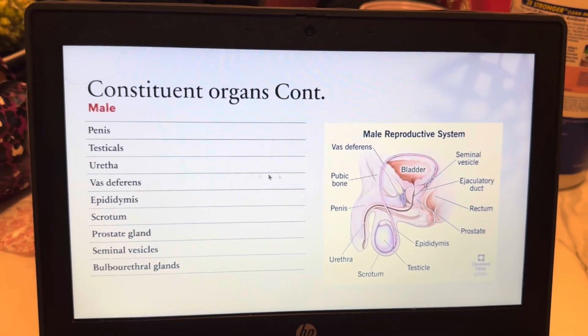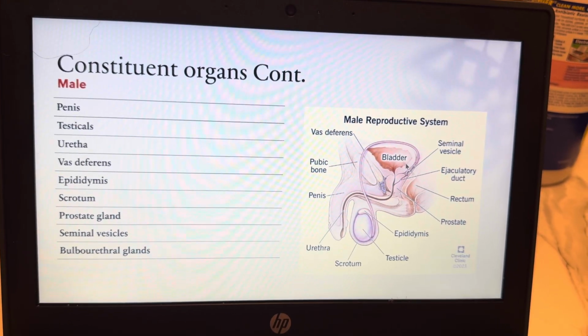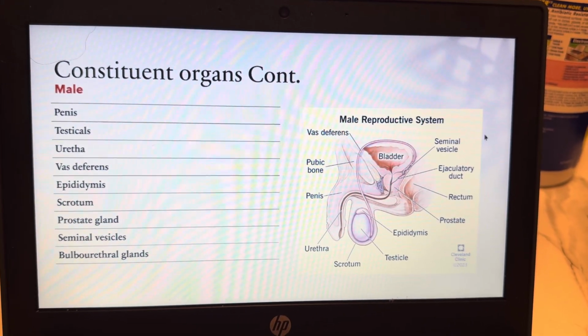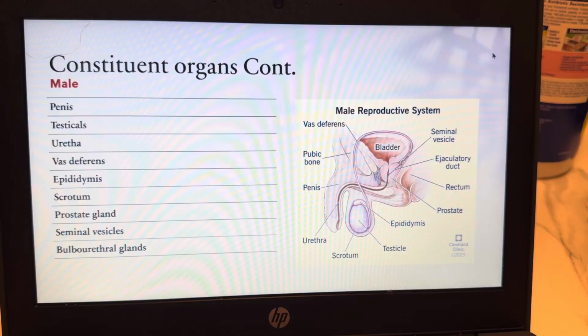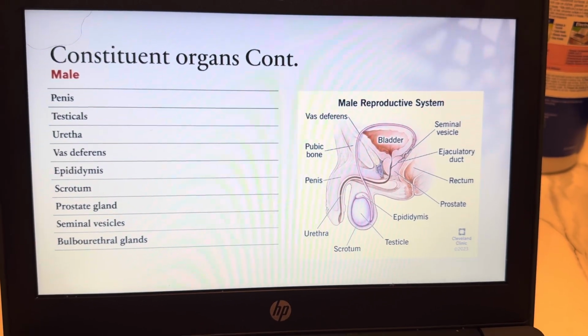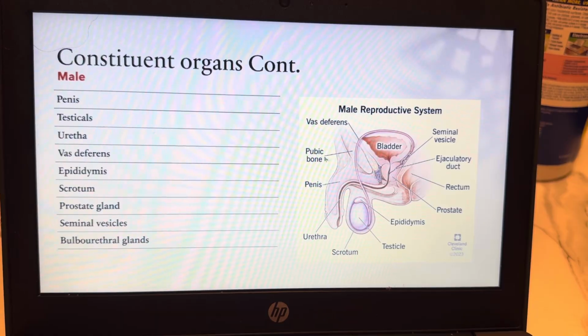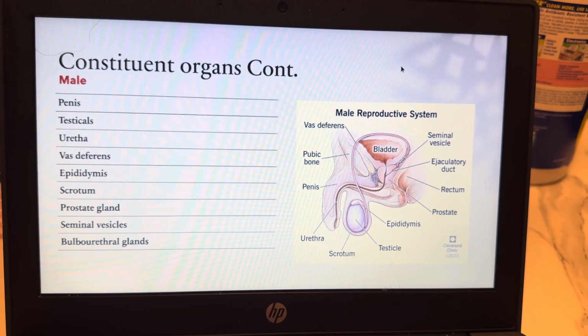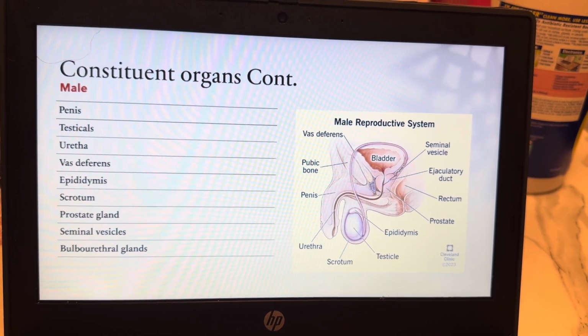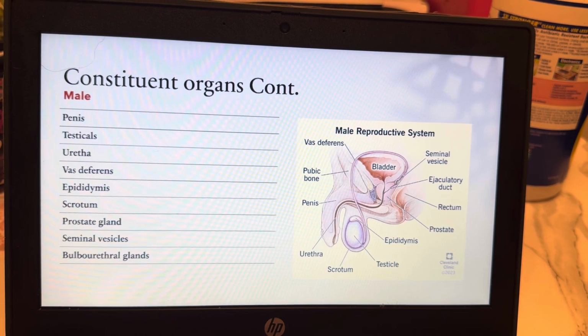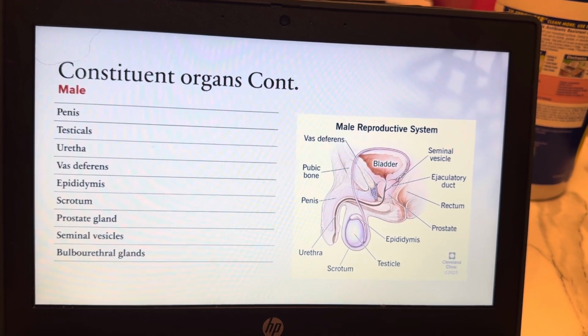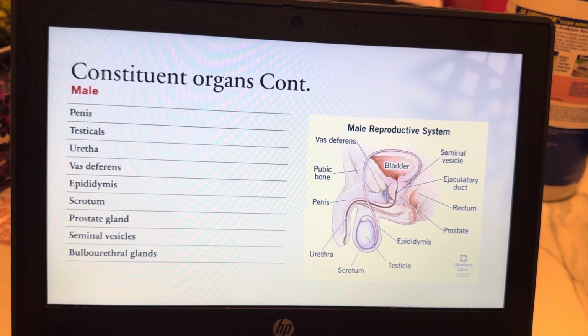And here I inserted another diagram to help you see where everything is, how everything looks, and where everything is located. These are all of the constituent organs that help make up the male's reproduction.